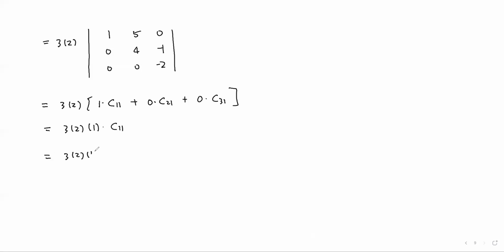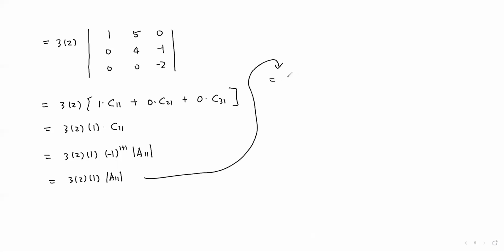By formula, capital C11 is negative 1 to the 1 plus 1 times the determinant of A11. So this is 3, 2, 1 times negative 1 to the second, positive 1, times A11. All right, now capital A11.